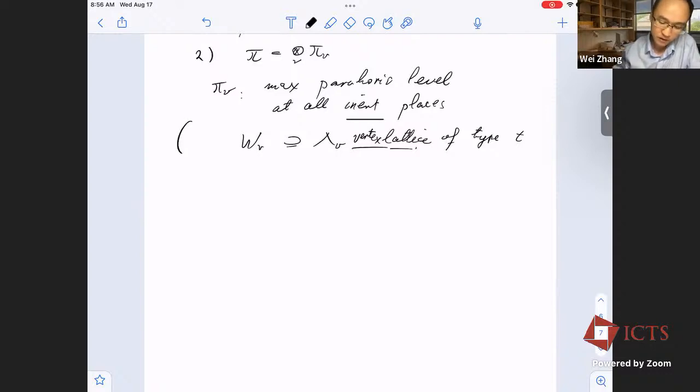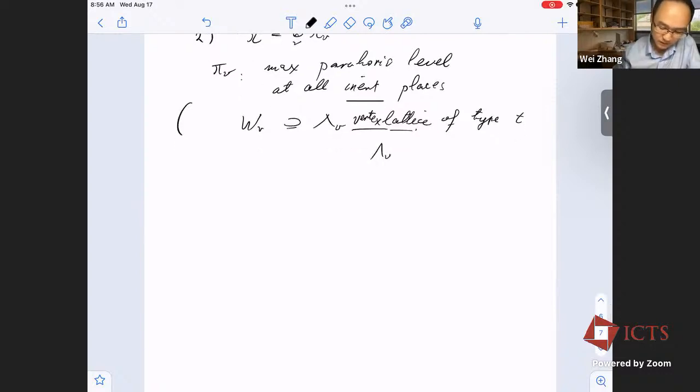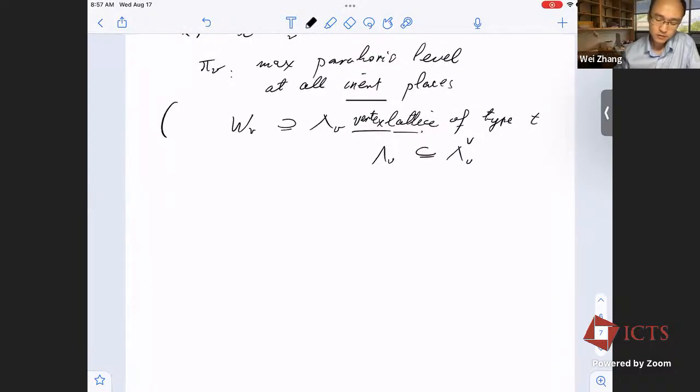So concretely, this means this lattice, if you consider its Hermitian dual, the dual lattice should contain lambda_v. That just means this lattice has integral values with respect to the Hermitian form.